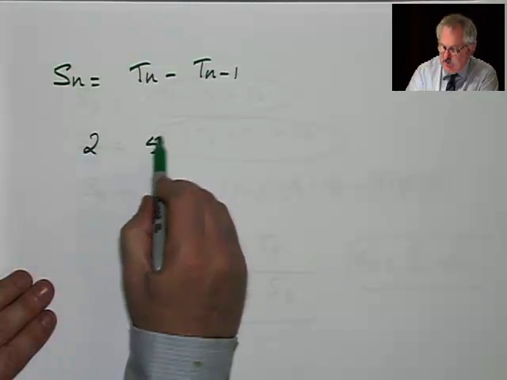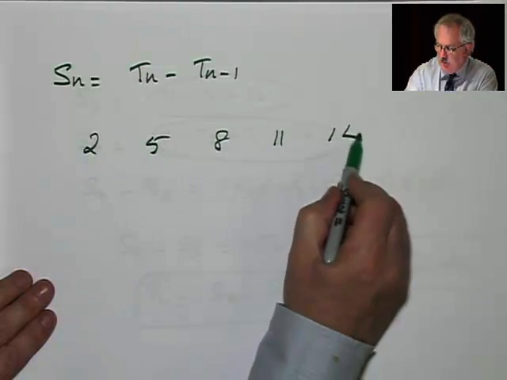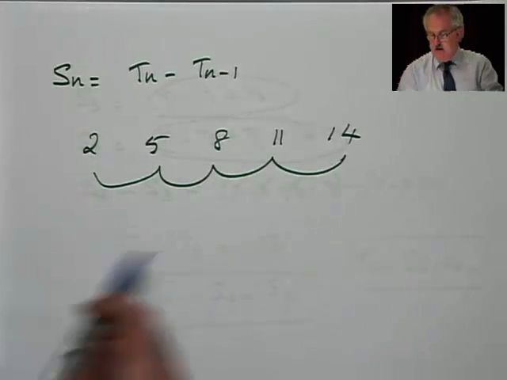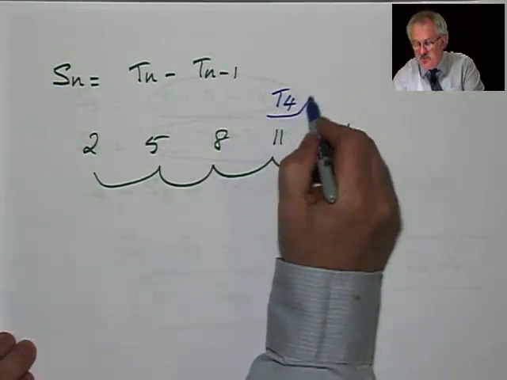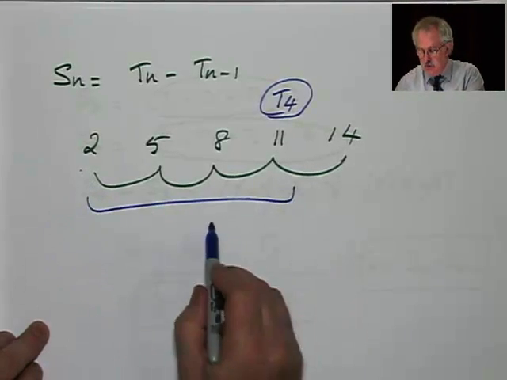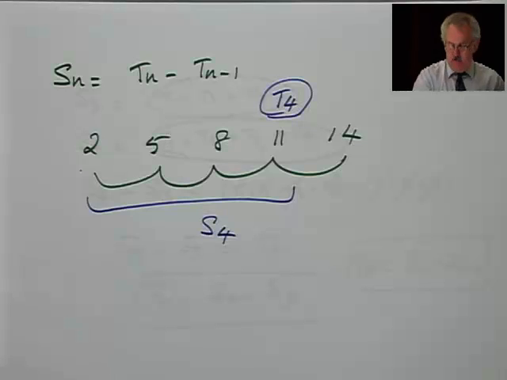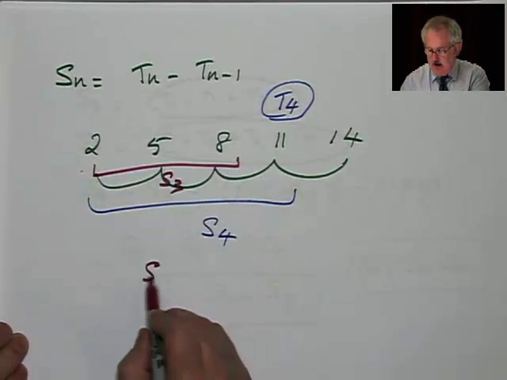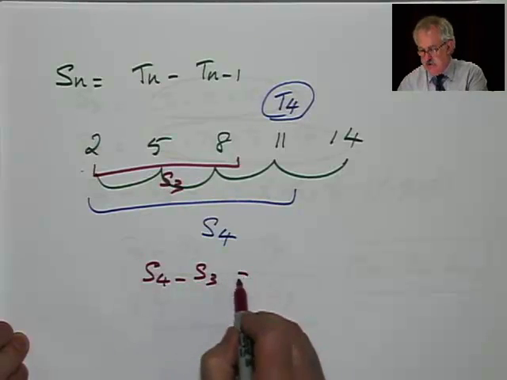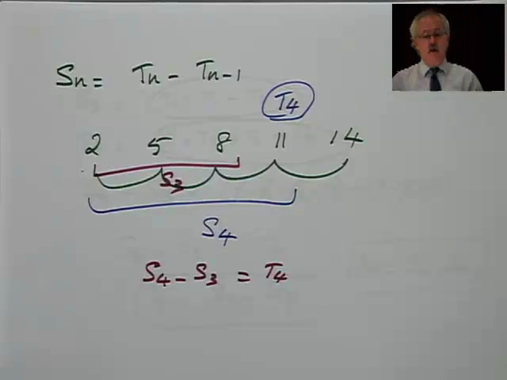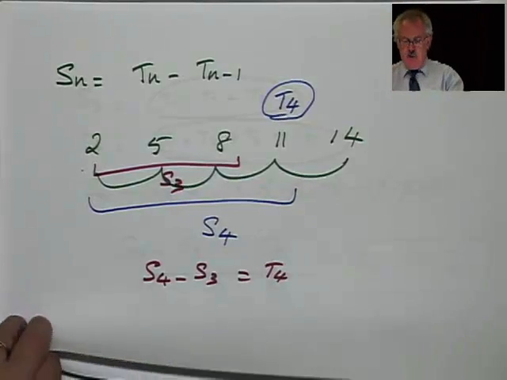So if I've got 2, 5, 8, 11, 14, etc., and I want to find this term here, T4, I can work out this total, S4, take away this total, S3, and get S4 minus S3 is T4. Is that okay? And we'll be using that calculation in a moment.